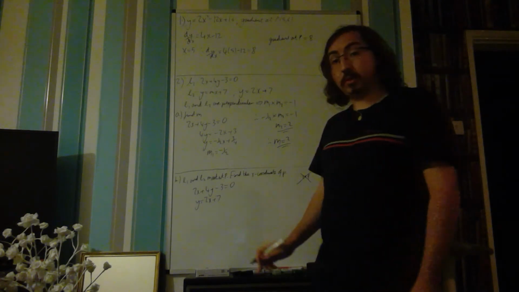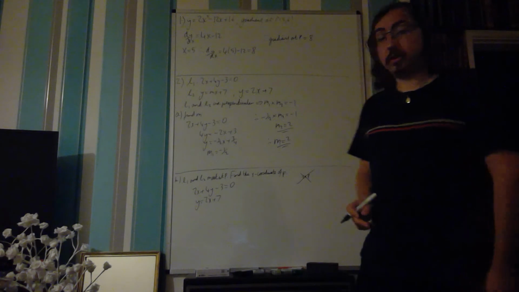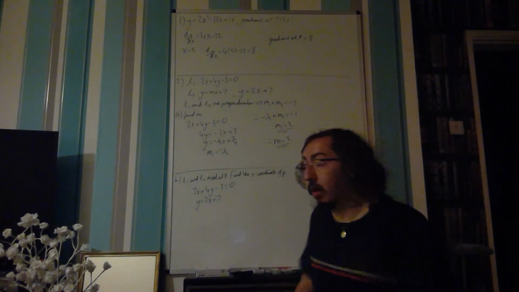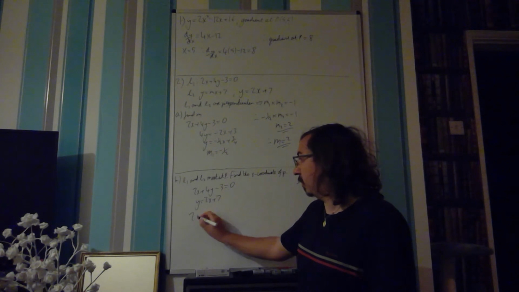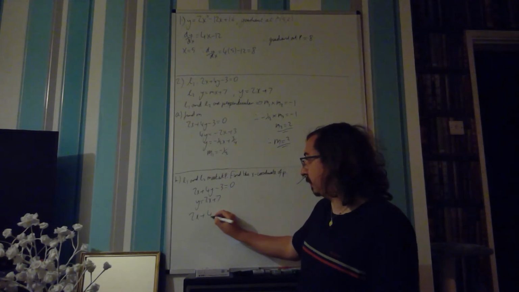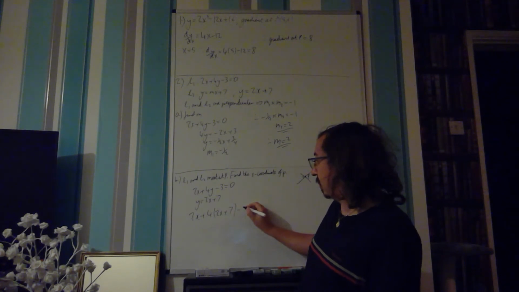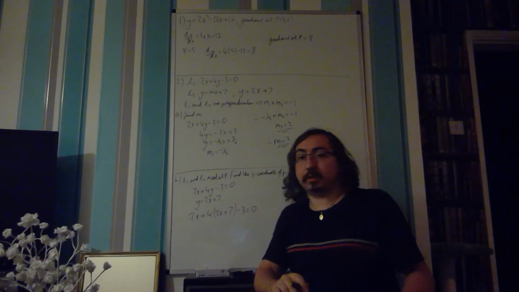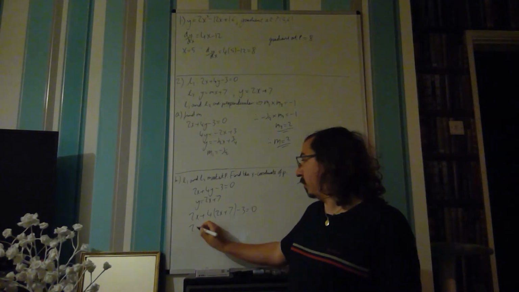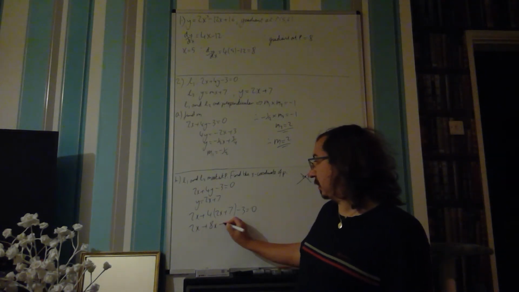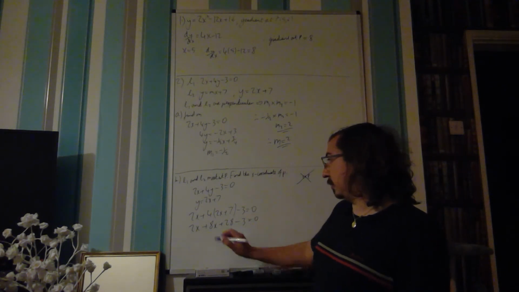And all we're going to do is substitute the equation of this second line into the equation of the first line and then rearrange to find x. So combining those together, we've got 2x plus 4 times (2x plus 7) minus 3 is equal to 0. If we expand this, we've got 2x plus 8x plus 28 minus 3 is equal to 0.